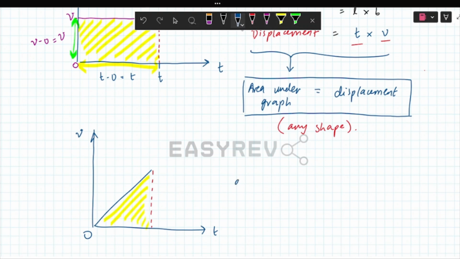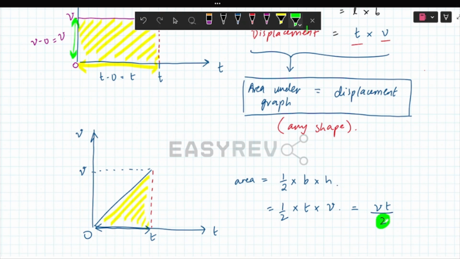In that case, if I do evaluate the area, it would be half times base times height. The base would once again be some time interval t. The height would once again be some value starting from 0 up to some arbitrary value of velocity v. So clearly this time we have this extra factor of half coming out of nowhere. So how do we account for this in an expression for displacement?